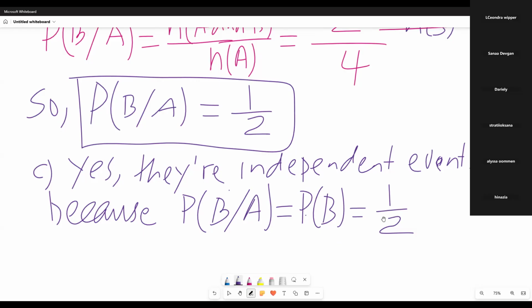Is this clear? Yes. The events are independent because the probability of B given A is equal to the probability of B. Got it?